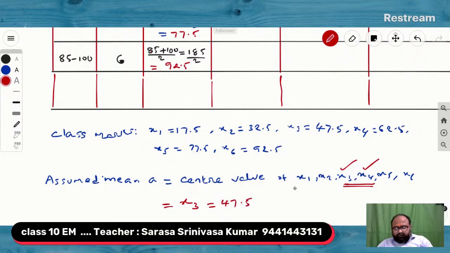If you don't want to take x3 as the assumed mean, you can consider x4. It is left as a choice to you. It is not compulsory to take x3 only as assumed mean. Now we have noted down the assumed mean 47.5.